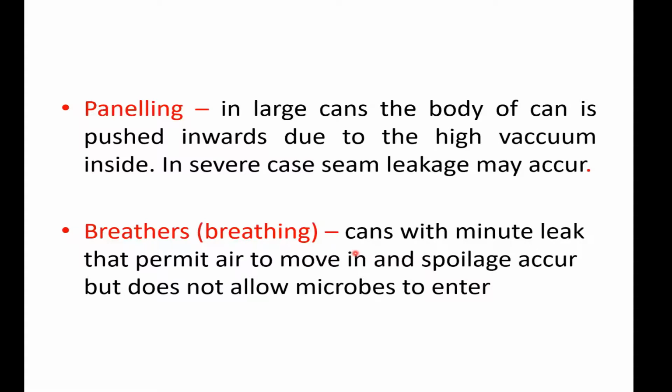In the can seam region, you can see minute holes which allow oxygen. What is our basic objective? It should be anaerobic conditions. Here the oxygen, or the atmospheric air, will start entering, so oxidation will take place. That type of thing is called a breather. Breathers means minute holes will be there in the seams. This is mainly seen in the seaming areas.